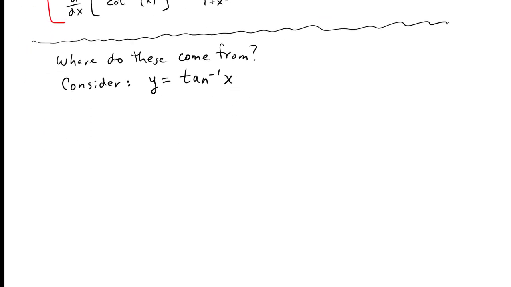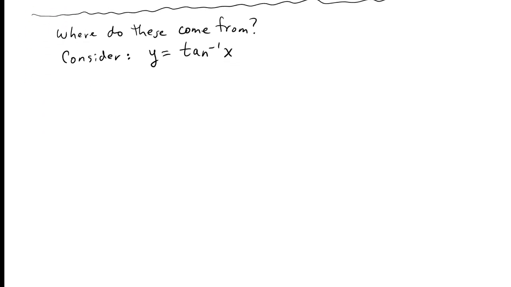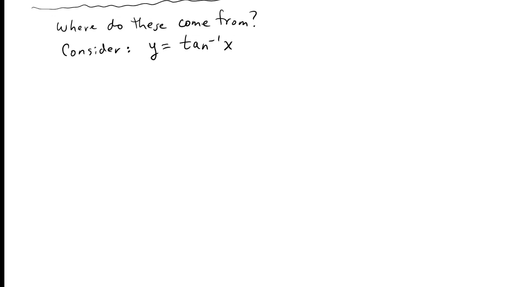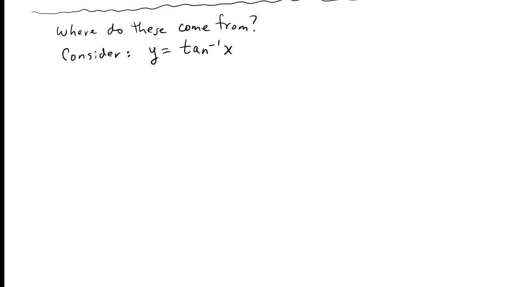All right, so an interesting question is, why do these derivatives look the way they do? Because they look very strange. They don't seem to have any trig functions or even inverse trig functions in the derivative. Well, I'm going to show you how we could potentially derive one of these. So consider y equals inverse tan of x. What does that mean?